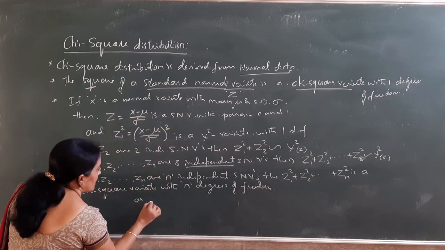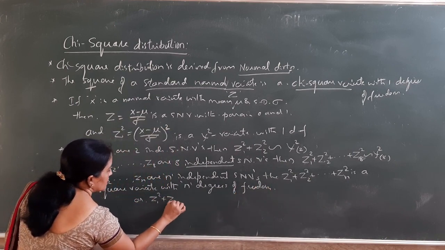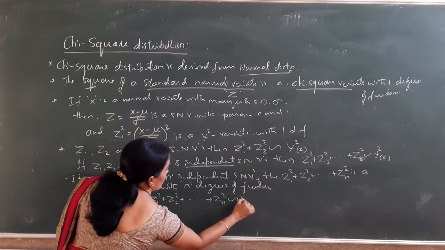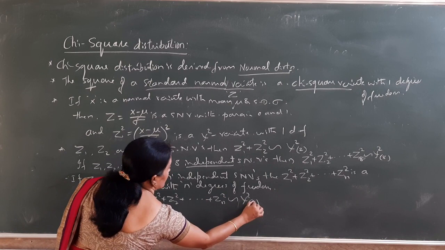Or we can write: Z1 square plus Z2 square plus so on plus Zn square follows chi-square with n degrees of freedom.